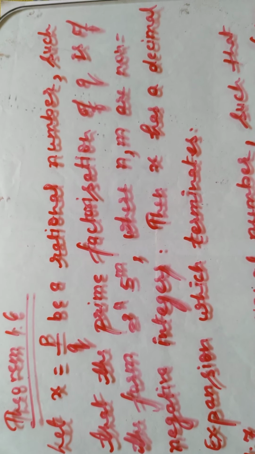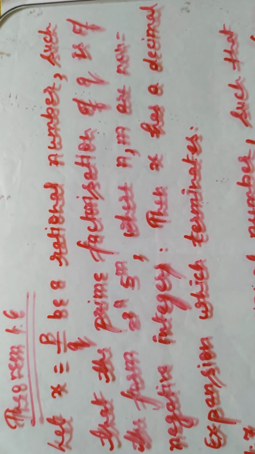Let x is equal to p by q be a rational number such that the prime factorization of q is of the form of 2 to the power n and 5 to the power m, where m and n are non-negative integers. Then x has a decimal expansion which terminates.